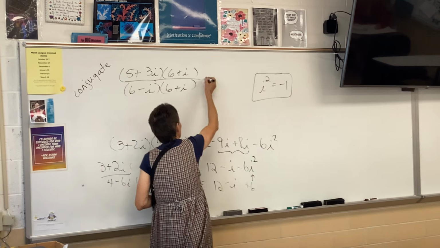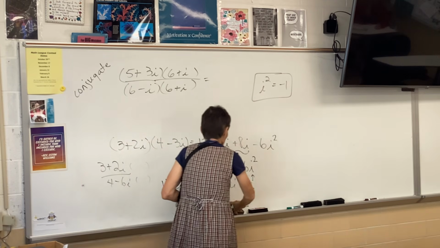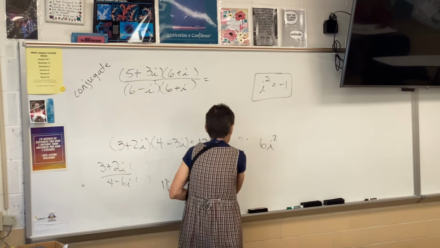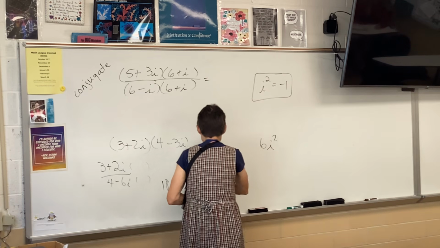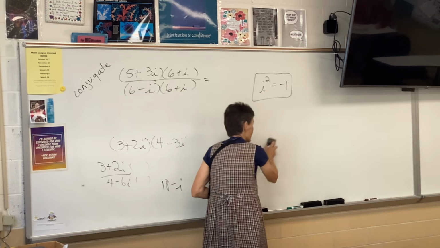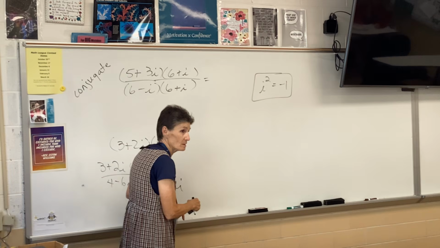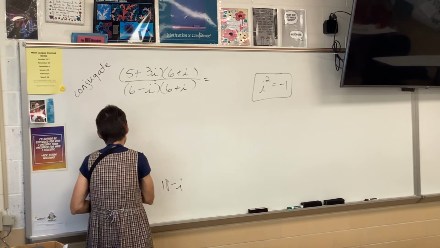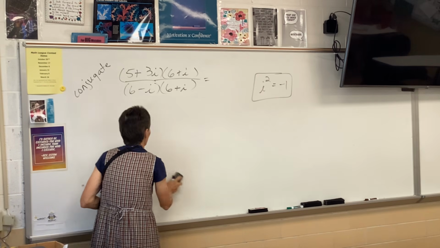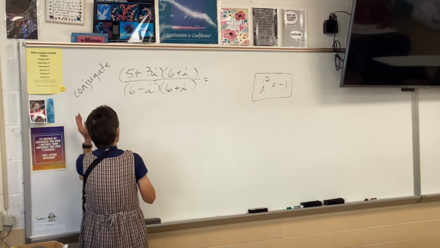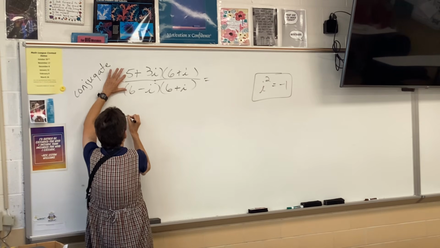Okay, so now we've got this big thing. What do you think we ought to do now? FOIL, not just once, but twice. We've got a FOIL on the top, and we've got a FOIL on the bottom. So, here we go, on the top.